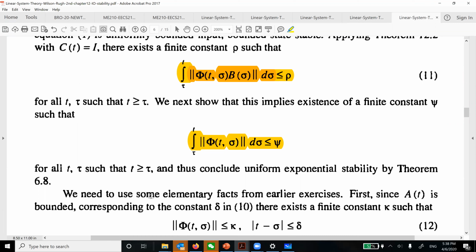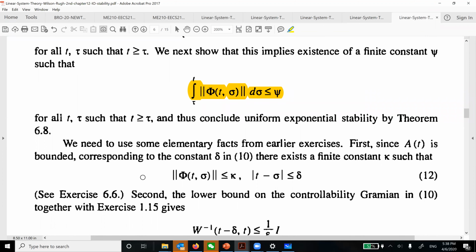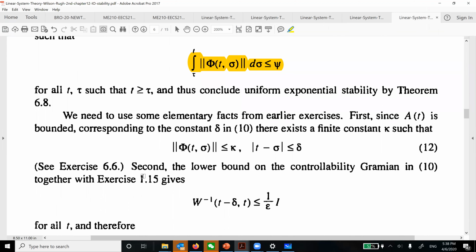If this is bounded, then the system is stable, not exponentially stable, by the way, yet. So A(t) is bounded. This A(t) is bounded is very strange to me. Because A(t) is bounded, then you can assume this could be bounded.